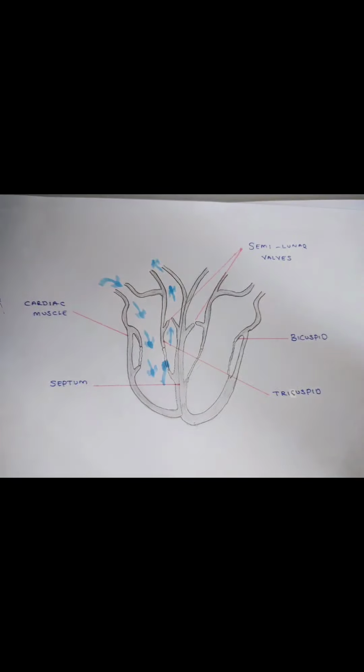Now remember, this is an artery because the blood is going away from the heart, but it's also blue here because this is the deoxygenated blood. The pulmonary arteries branch and carry blood to the left and the right lungs to receive oxygen and release carbon dioxide.